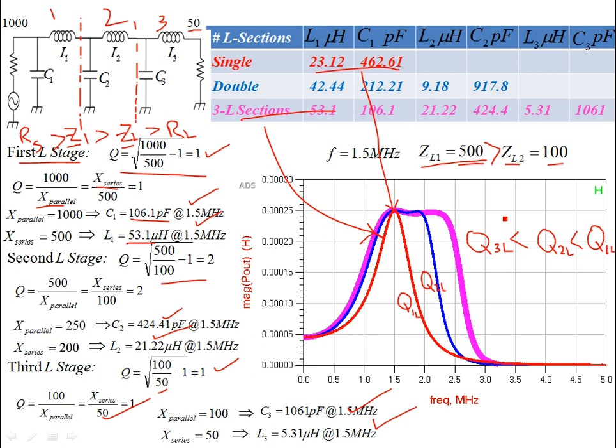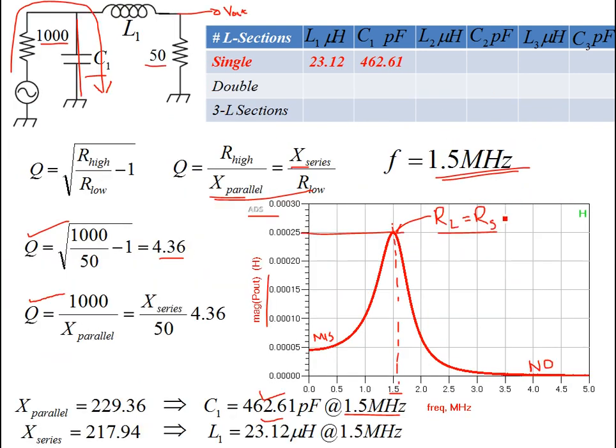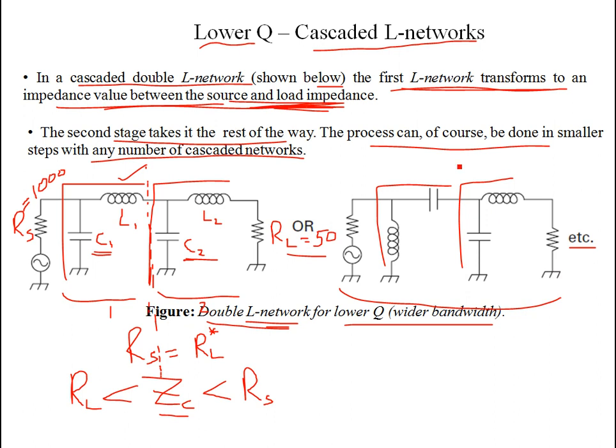So that's about designing a lower Q cascaded L network. The cascaded L networks are used to produce a lower Q match, unlike the pi and T networks that we have discussed before, which produce a high Q or a low bandwidth match.